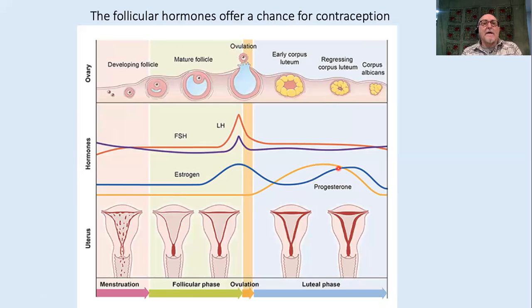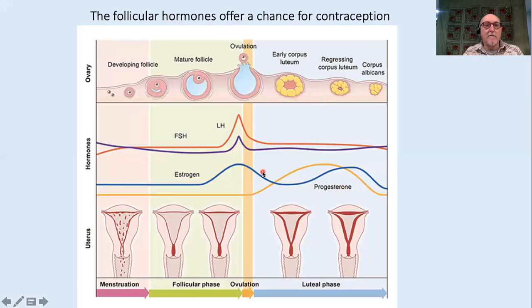So this is how the oral contraceptives are formulated. There is a question to ask, though, and that is: is it absolutely necessary to have a bleed here? Is menstruation actually necessary?